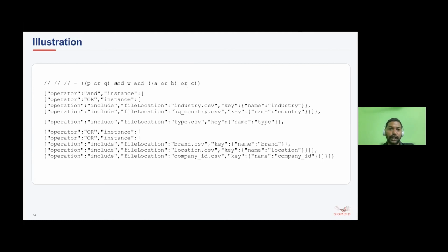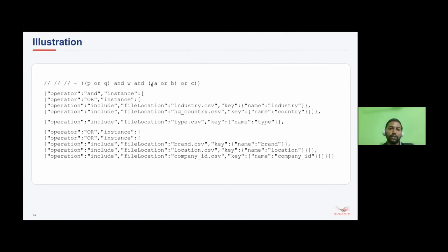And the root is AND, and inside them they all have OR. So suppose we have some company data, and we want to filter on the basis of industry, country, type, brand, location, and company IDs, right? And we have created this nested query. So how will it look?